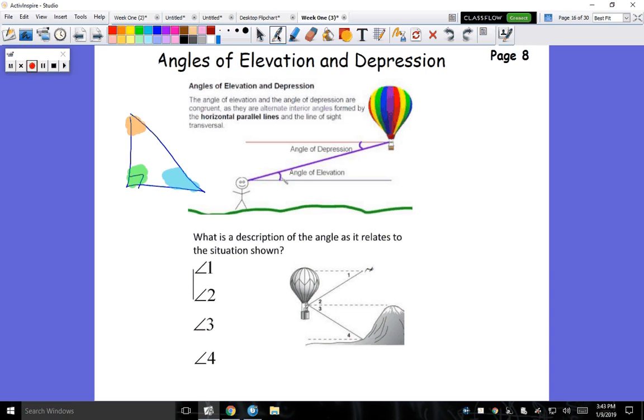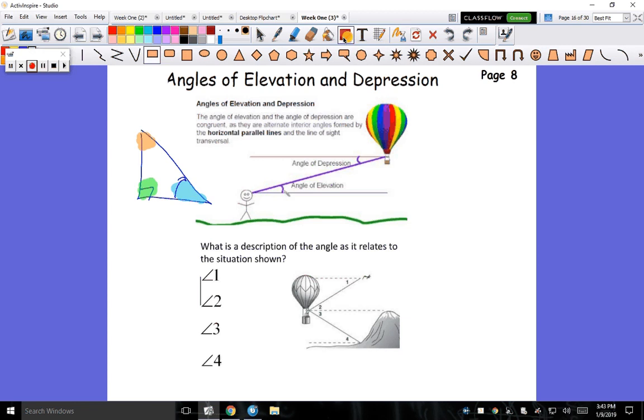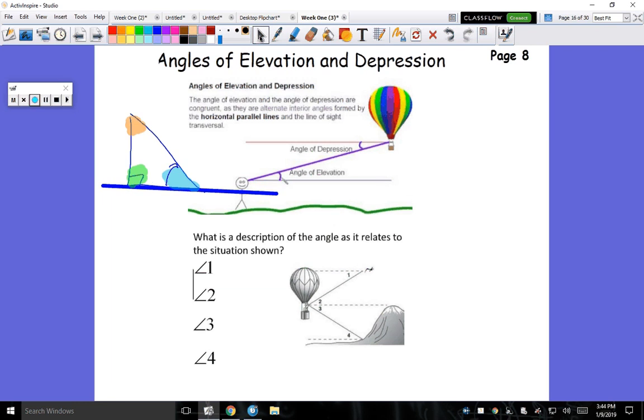Angle of elevation. Okay? And a good way to know that, guys, is that this angle of elevation is coming upward from a horizontal line. Okay? So if you're thinking about a horizontal line, so from here, it's going upward. Okay? So let me make a quick copy of that, if it lets me.